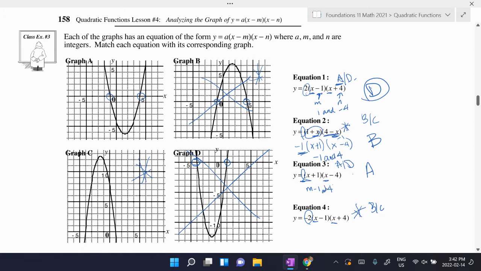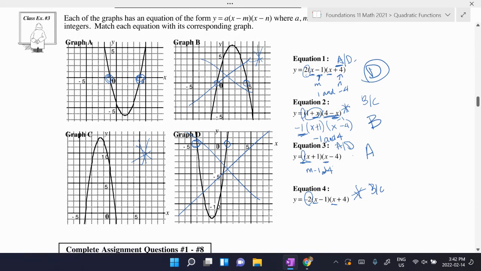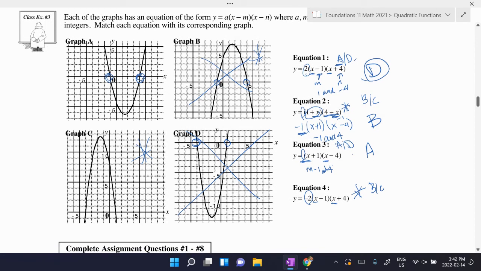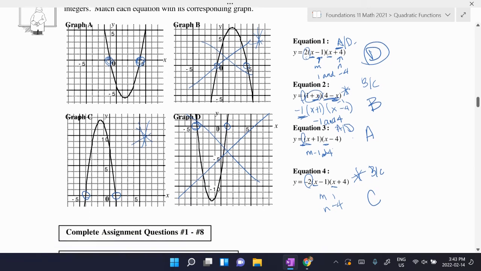So let's see if A is negative 1 and 4. Yes, it is. And then C, we have M is 1 and N is negative 4. So let's look here, C is 1 and negative 4. So this is C.